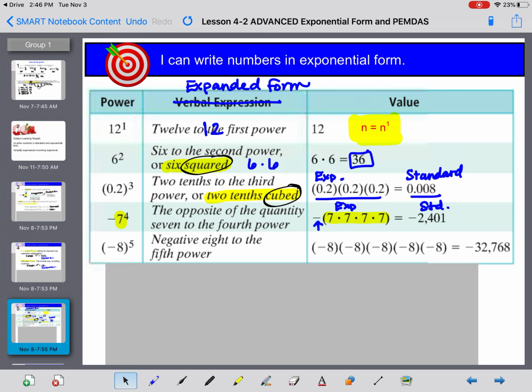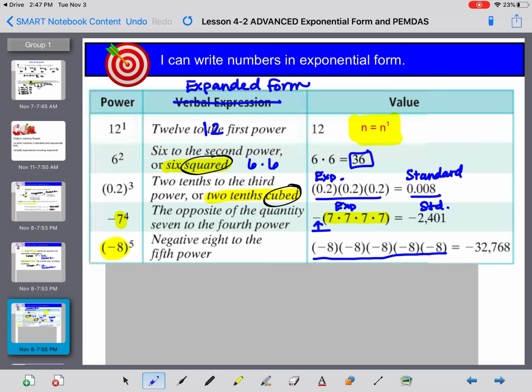Now, when you have parentheses around the negative number, that means that it's negative 8 to the 5th power. And so the base of this one, due to the parentheses grouping that number, is negative 8 being raised to the 5th power. In expanded form, do you see that every 8 has a negative sign?